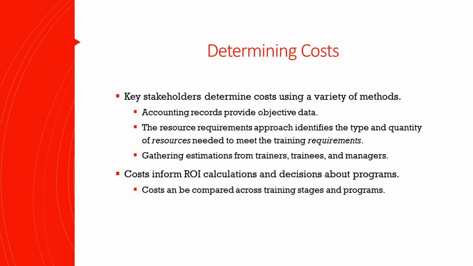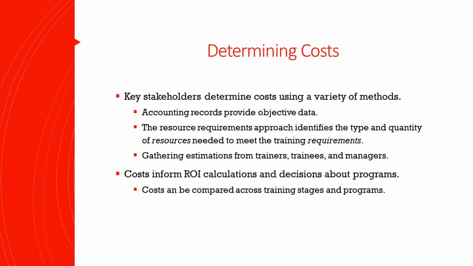Another method to determine costs is the resource requirements model, which identifies the type and quantity of resources that we need to meet the training requirements at each stage of the development process, from needs assessment to evaluation. We can then compare these costs across programs. Are we spending more on the evaluation of some programs than we should be, given the significance of the investment?